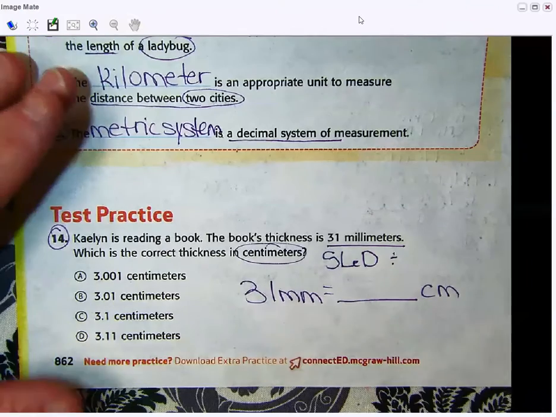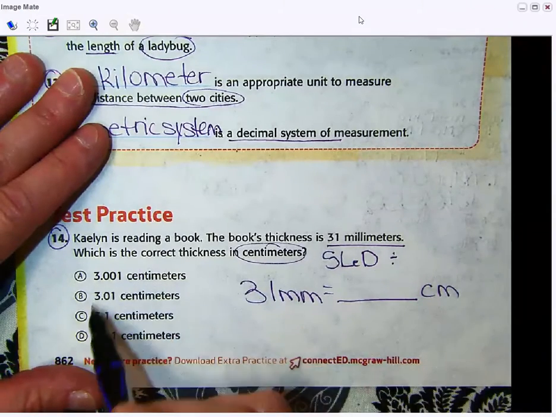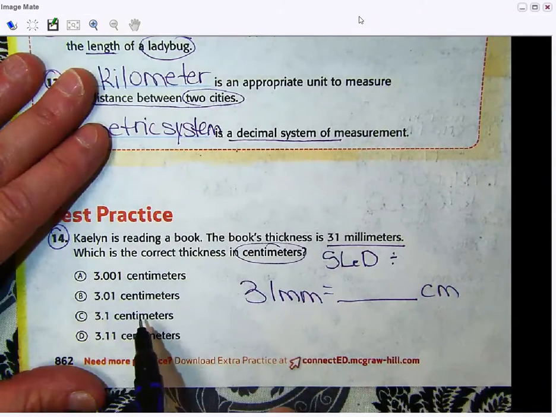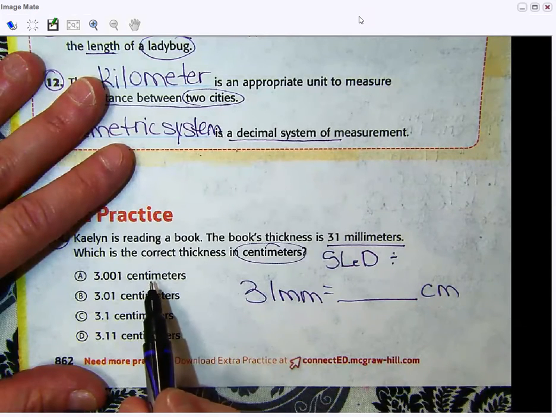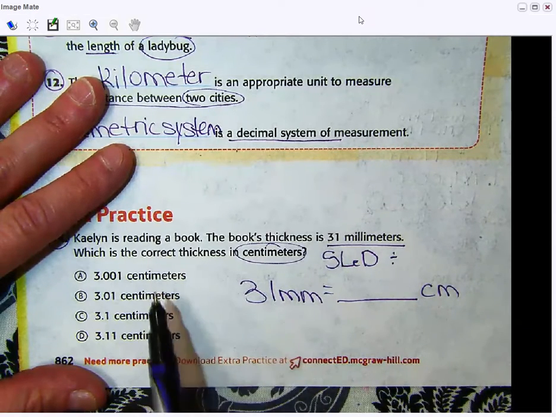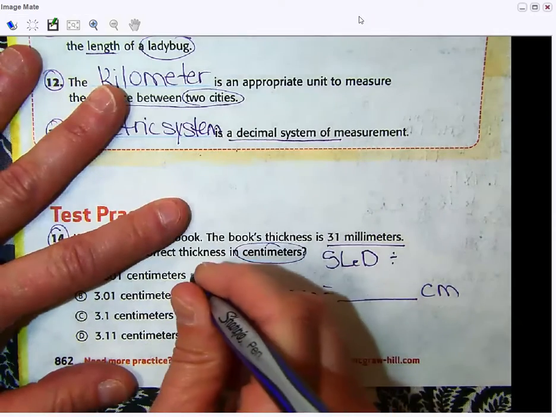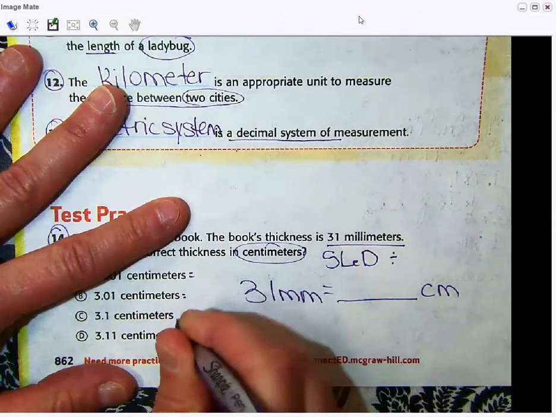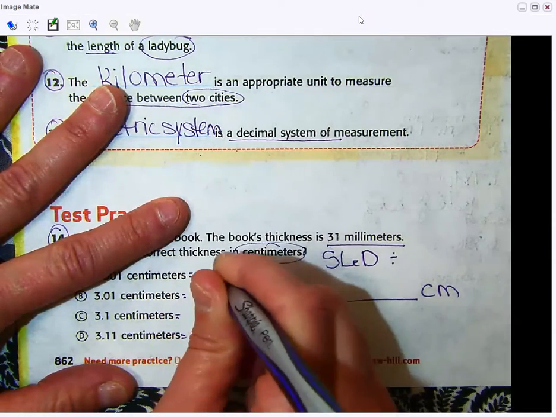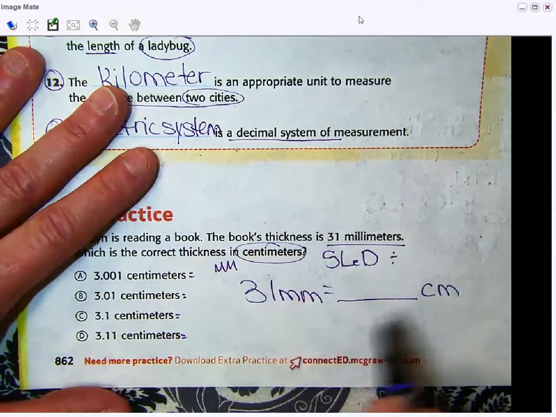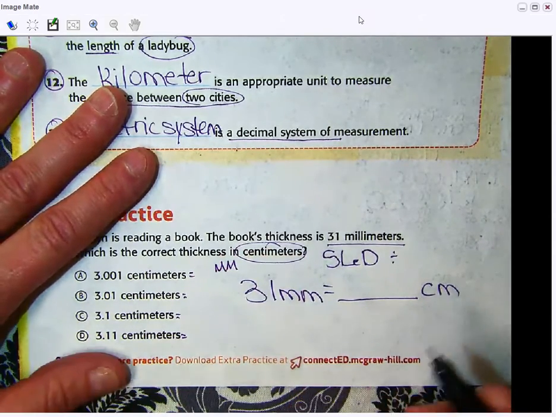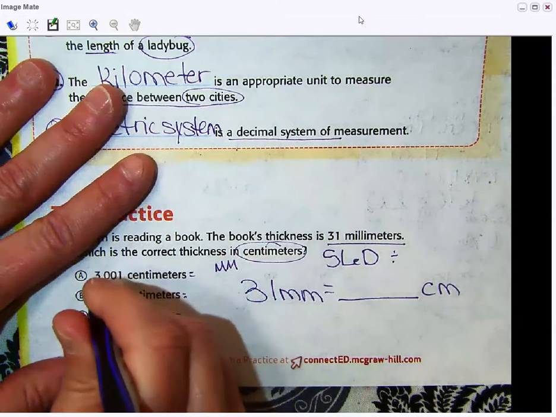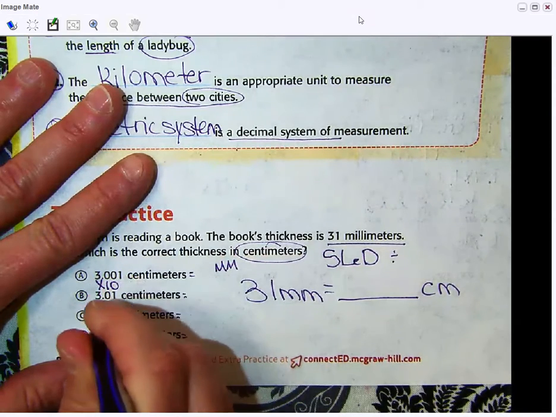But what we could do is multiply by using these answer choices here. So we can multiply to find out how many millimeters will be in these centimeters. So if we want to convert each of these to millimeters, we know that there are how many millimeters in 1 centimeter? We know that there are 10. So we could be multiplying each one of these by 10.